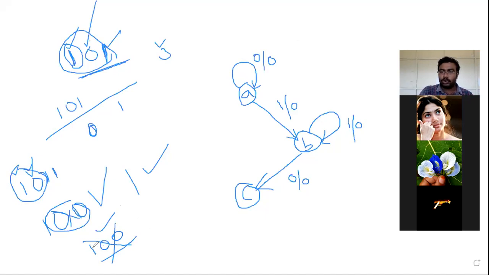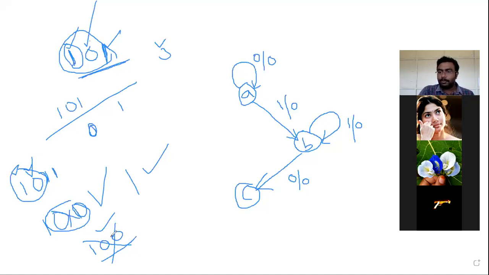Your sequence is found. But you are finding 100 by finding 0 in state C. So when the 3 bits of information are over, we need 3 more states in order to find 101 again. Is it right, students? When you find 100, 3 bits of information are wrong.